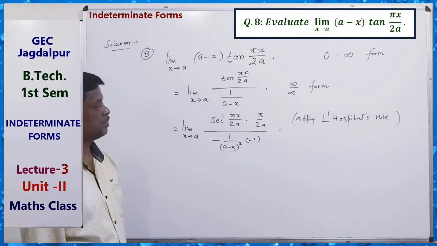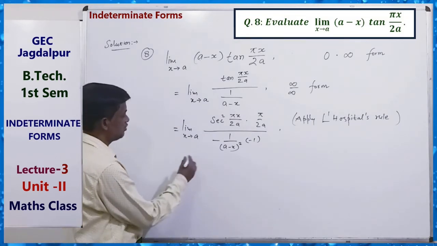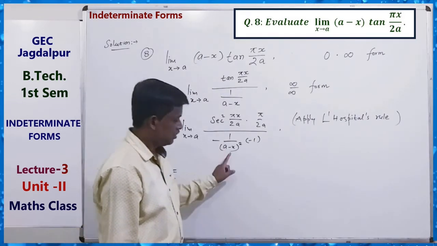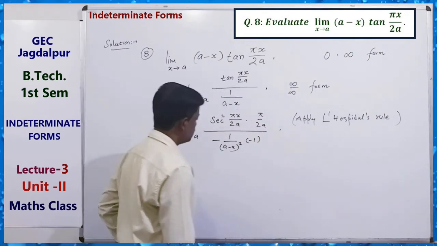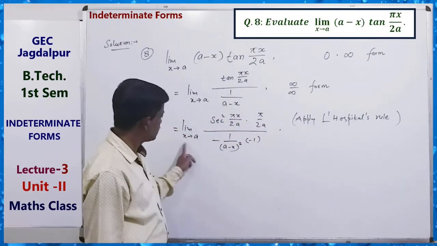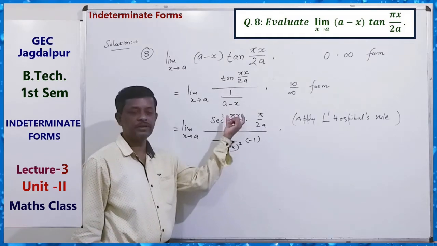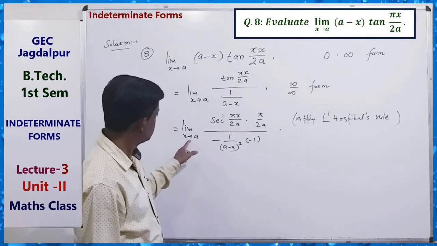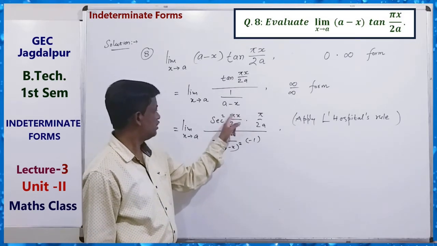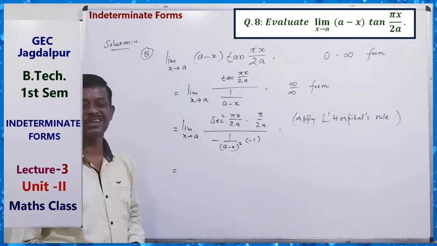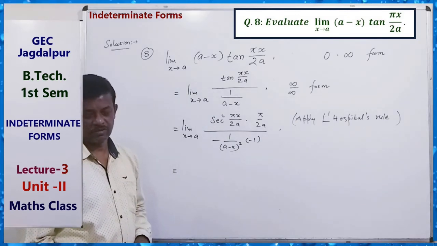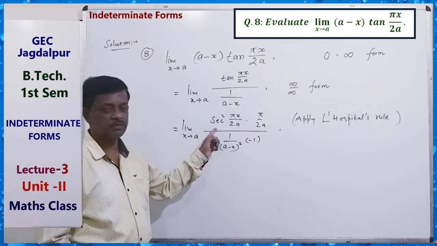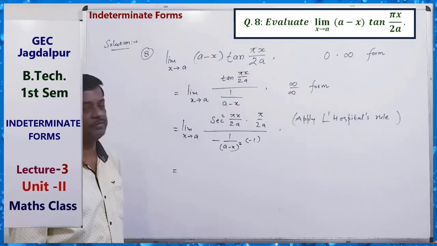So this is the value. Now here we see, in which form is this? This is also x tending to a, infinity here, infinity, because x tending to a gives sec pi by 2. Cos 90 is what? Cos 90 is 0. Sec means 1 by cos. These are again infinity by infinity form.